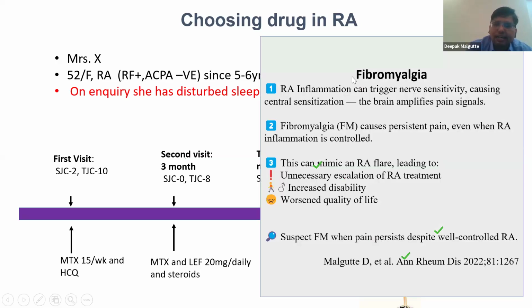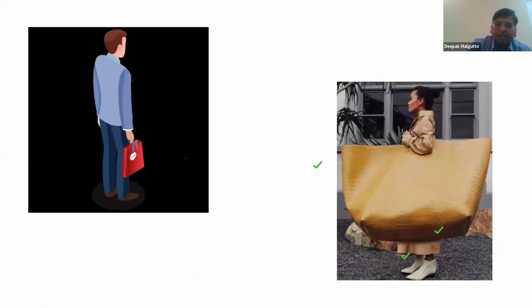This happens because RA inflammation triggers nerve sensitivity, which results in central sensitization, and the brain amplifies the pain signal. These patients usually have persistent myofascial pain, which unnecessarily leads to the consideration that they have high RA activity and to unnecessary escalation of treatment. That should be kept in mind.